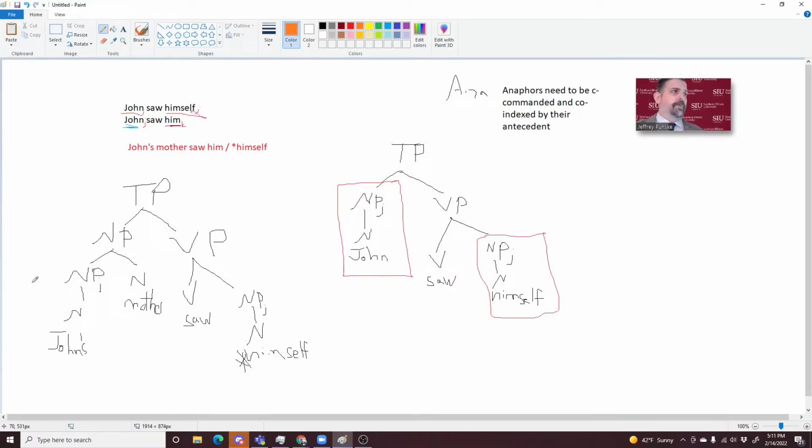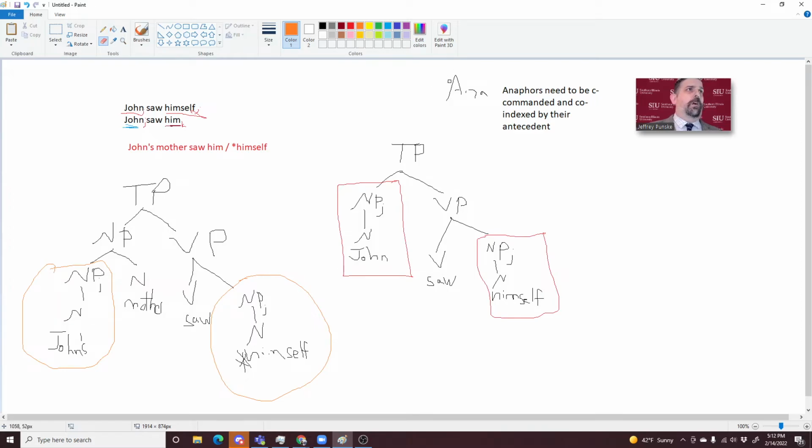Well, why did we get ungrammaticality? If we look at this definition that I just provided, anaphors need to be C-commanded and co-indexed by their antecedent. Well, it's going to fail on one of these accounts. This noun phrase is not in a C-command relation with this noun phrase. They're co-indexed, but not C-commanded.